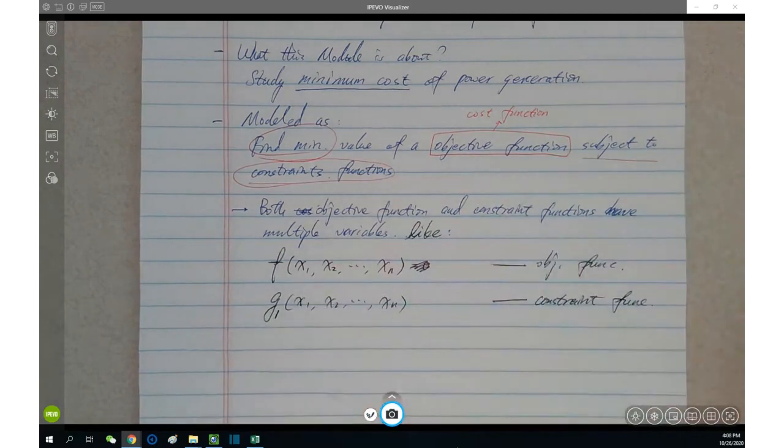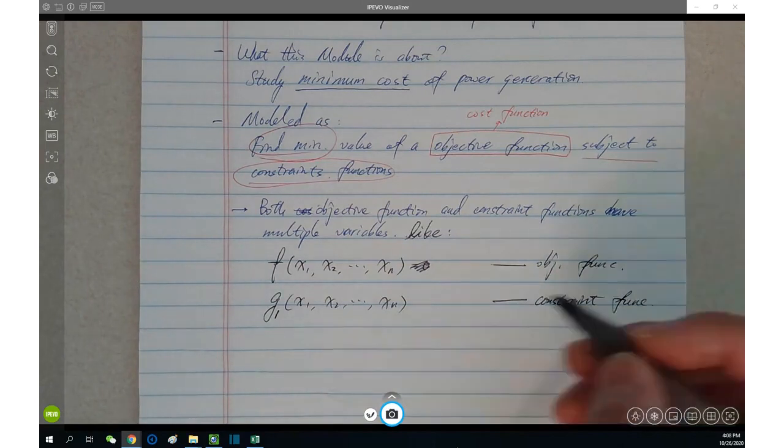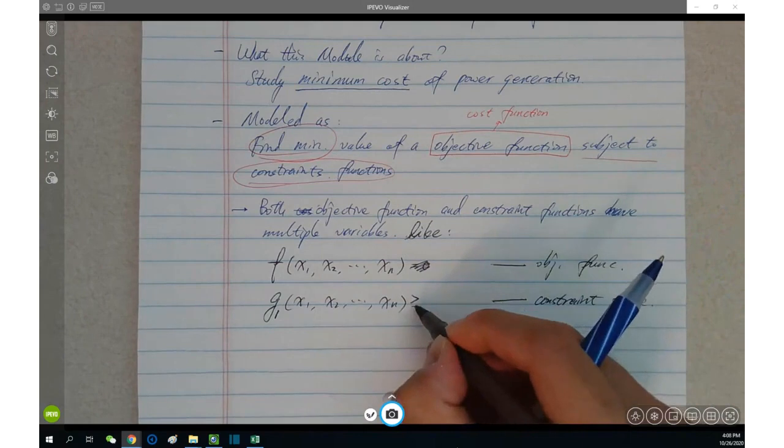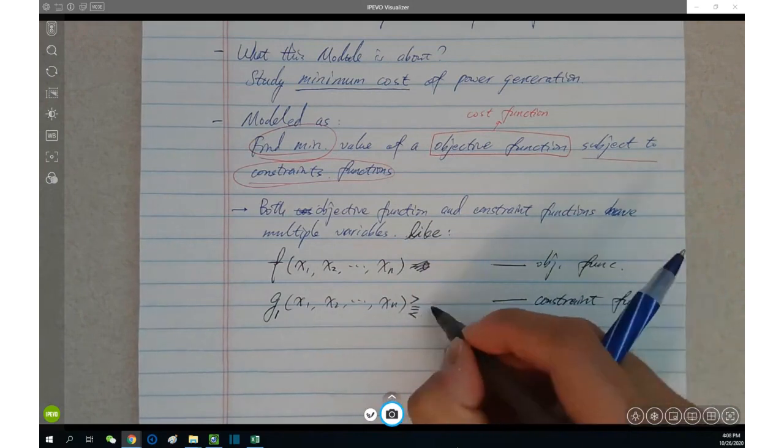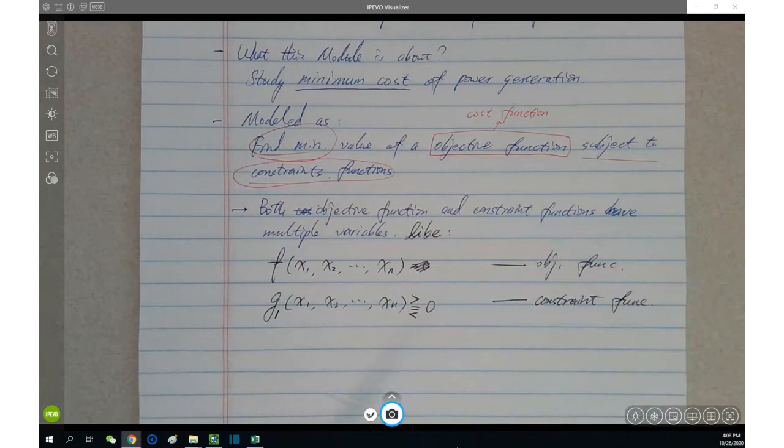Also, a constraint function obviously has to be equal to, or maybe less or greater than, 0, right? Does it make some sense? The constraint function is something objectively existing, so it may be a function equal to 0, greater than 0, or less than 0. It's not something uncertain. It's something quite certain.